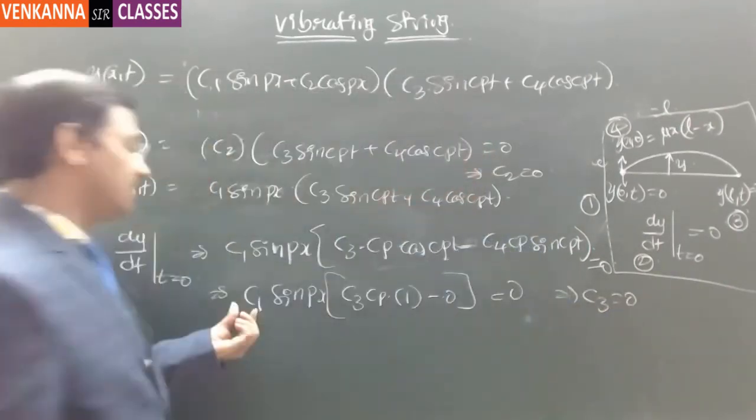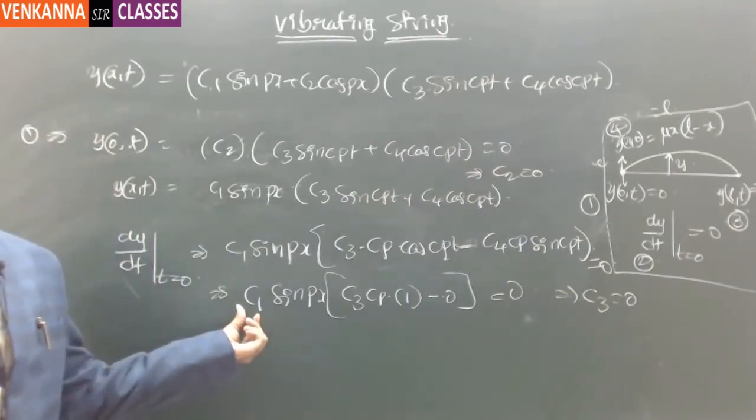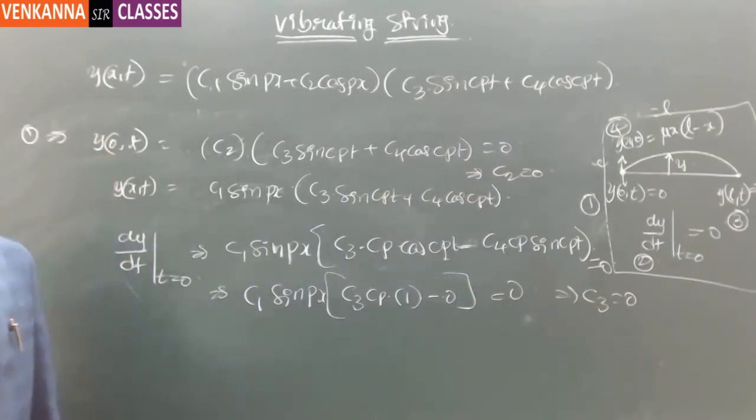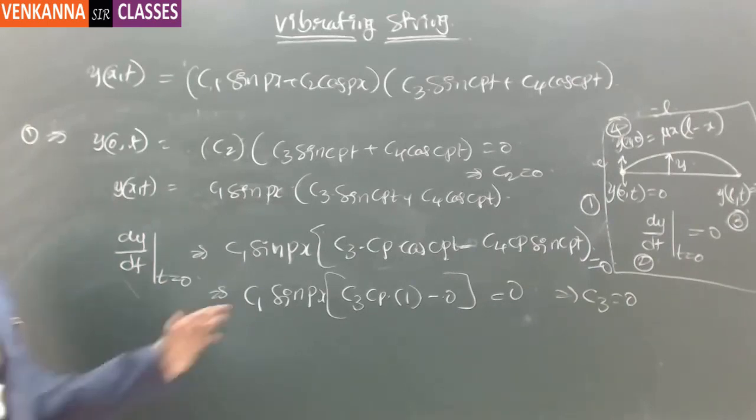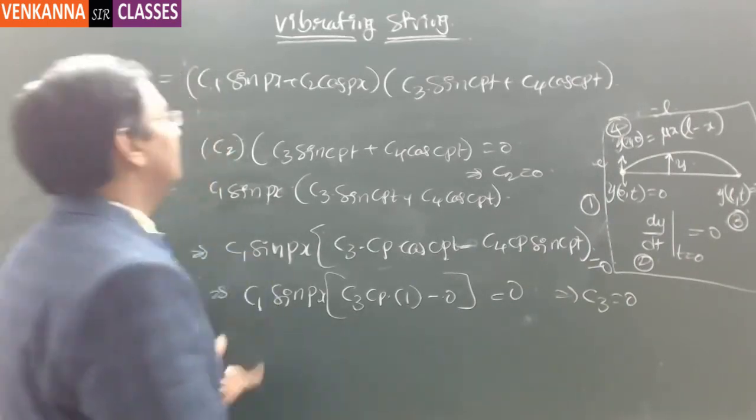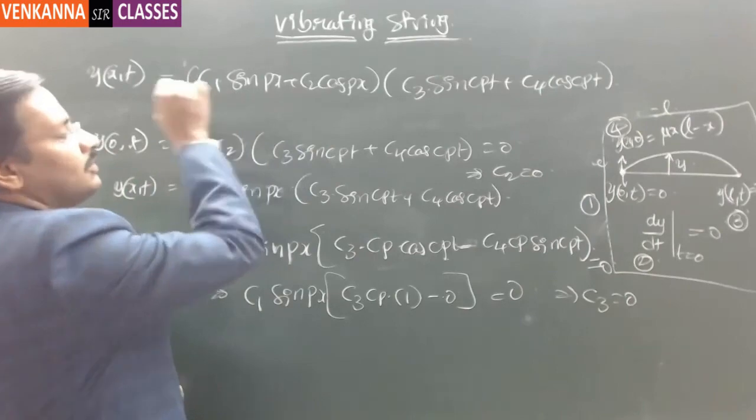But what if I take C1 is equal to 0? Anybody? What if I take C1 is equal to 0? Yeah, exactly. It is going to vanish. If I take C1 is equal to 0, then C2 also is 0 and C1 is also 0.